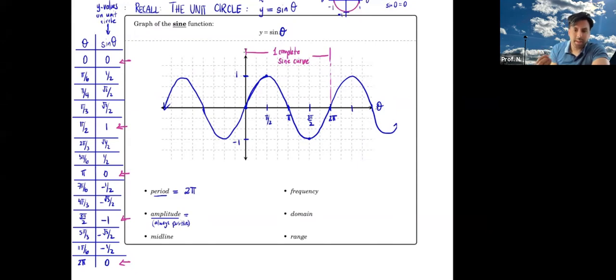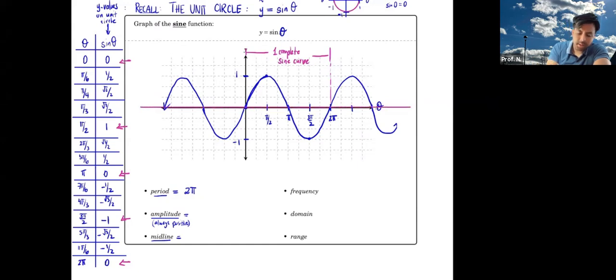So what do I mean by that? First of all, before we talk about the amplitude, we have to really talk about the midline. So the midline is the horizontal line that cuts through the center or divides the sine curve in half. So the midline is this x-axis.